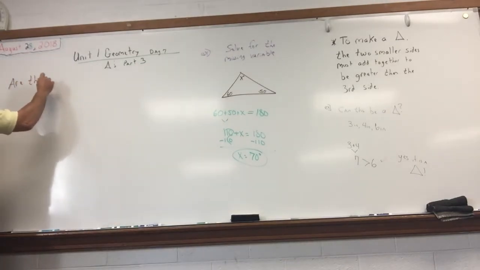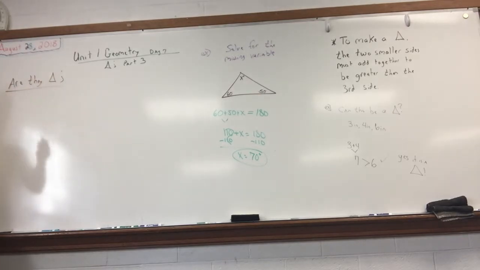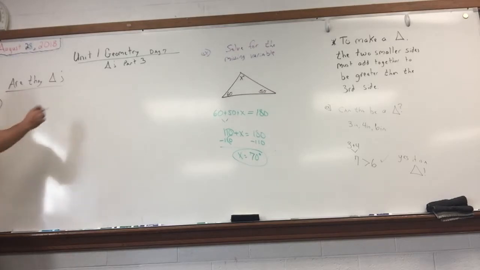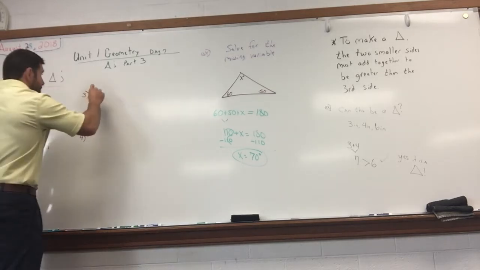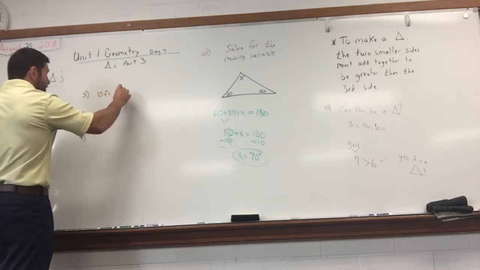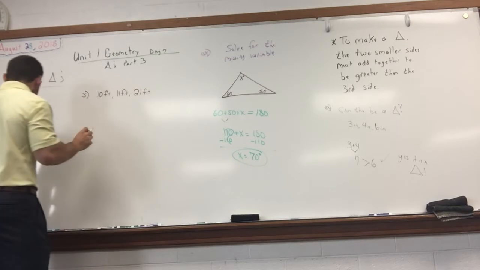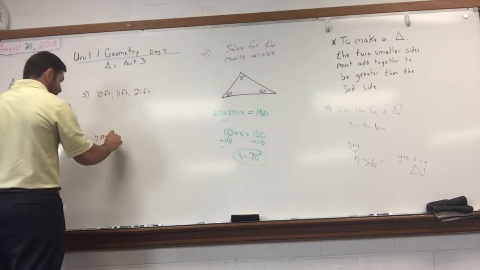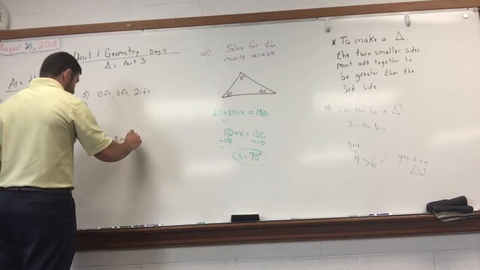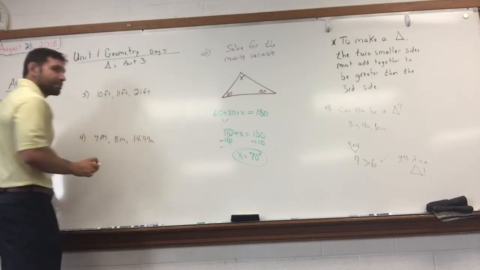Are they triangles? Here we go. 1, 2, 3, 4. 3 inches, 3 inches, 7 inches. 10 feet, 11 feet, 12 feet. 10 feet, 11 feet, 21 feet. 7 meters, 8 meters, 14.99 meters.